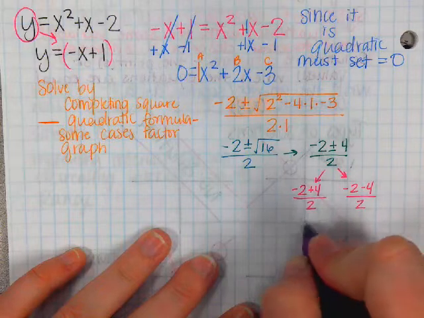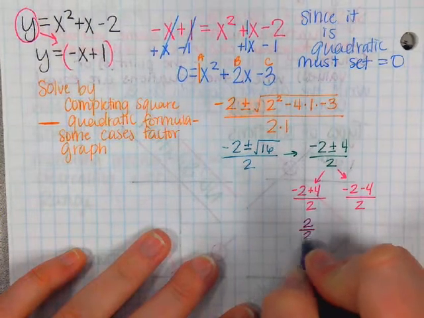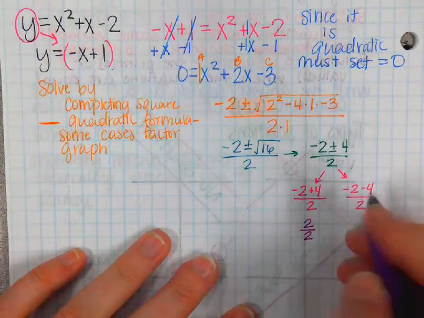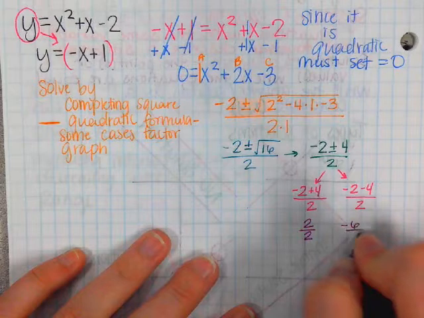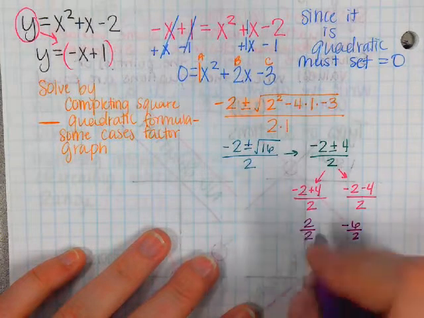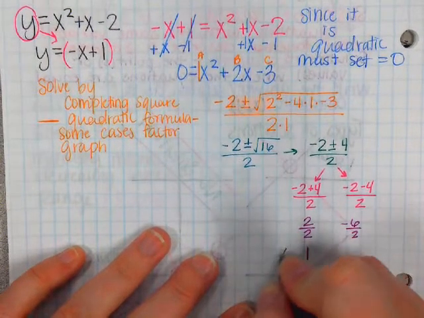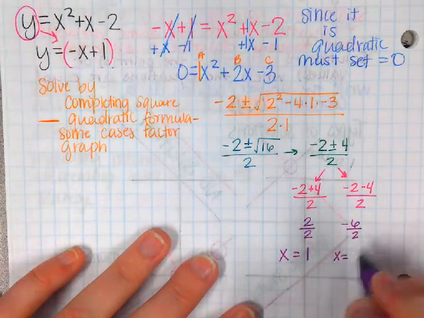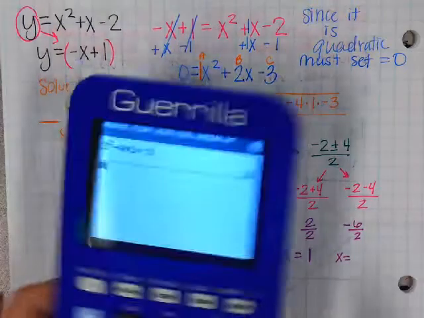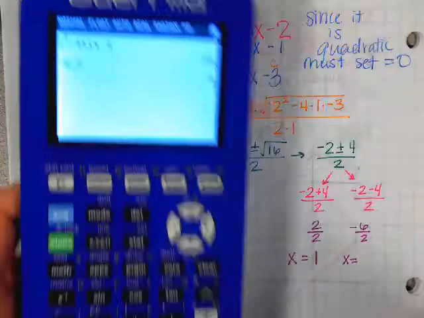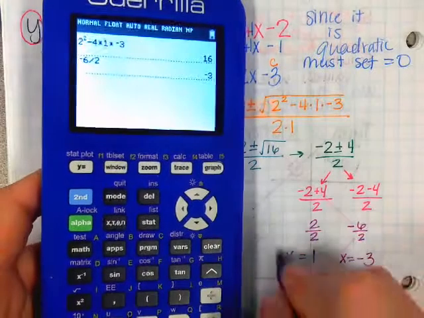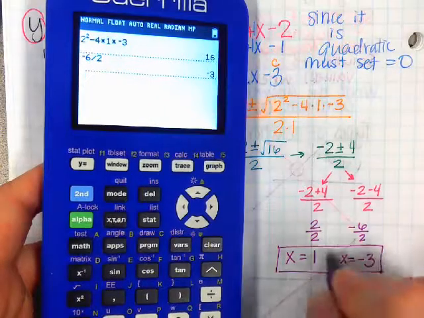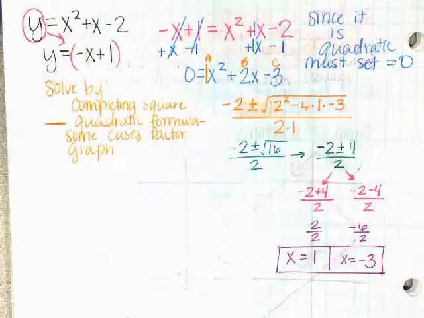But since we've covered that, I'm not going to explain a whole lot. So negative 2 plus 4, or 4 minus 2, is 2 divided by 2, and negative 2 minus 4 would be negative 6 divided by 2. 2 divided by 2 is 1, so x equals 1, and negative 6 divided by 2 is negative 3.